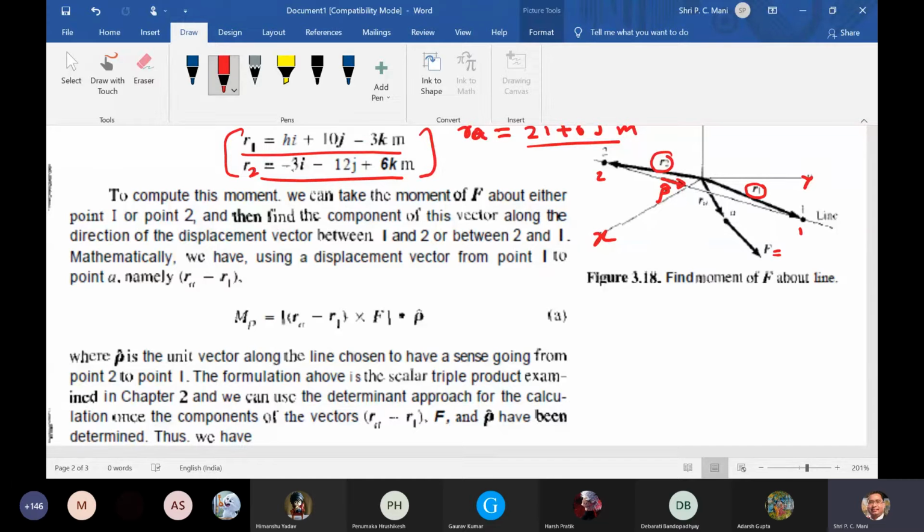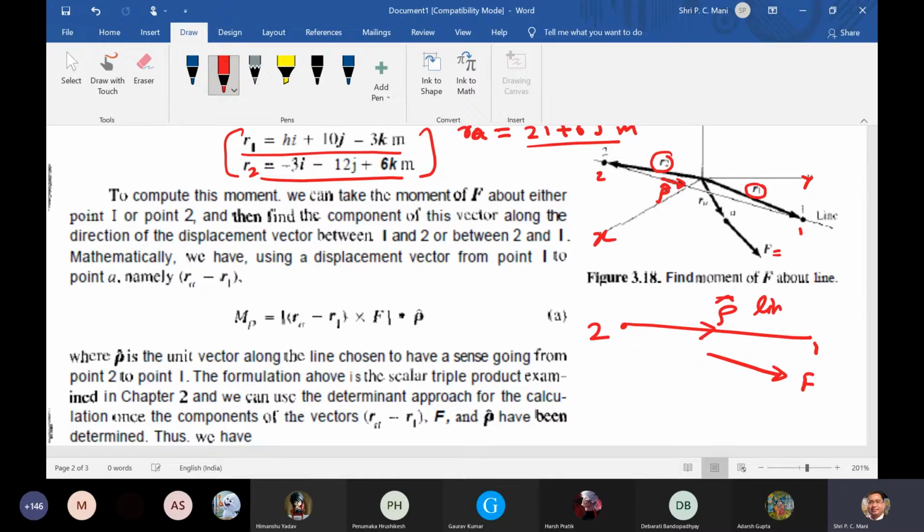Okay, so basically what is going on? A force F vector is given, and a line is given, 2 and this is 1. So this is a direction vector, and you have to find the moment about this line which is passing through 1 and 2.